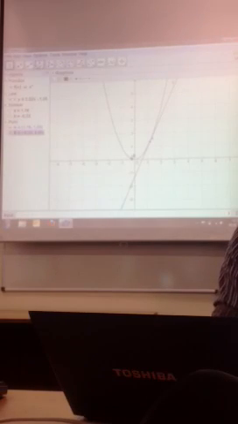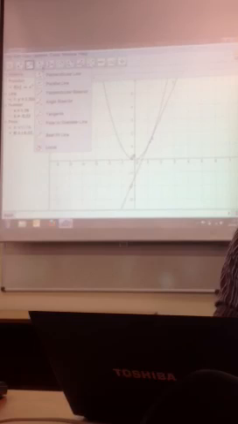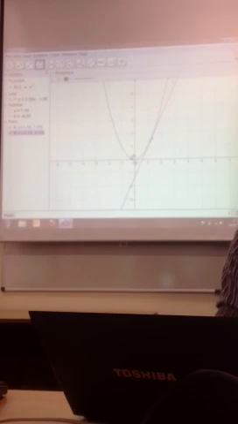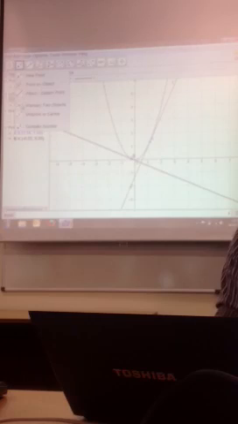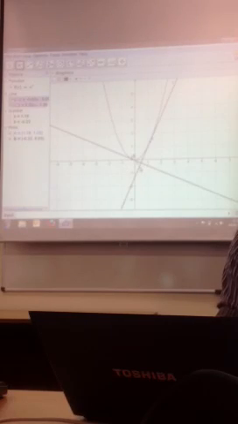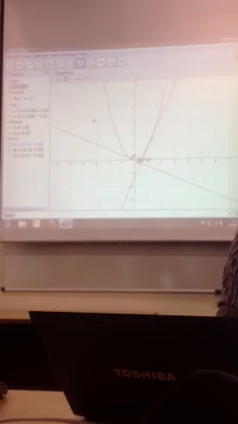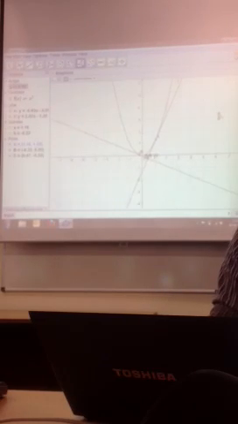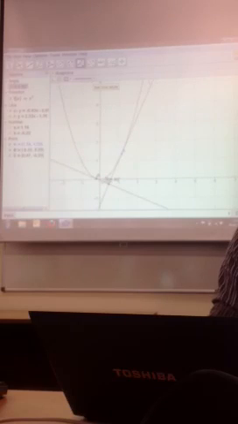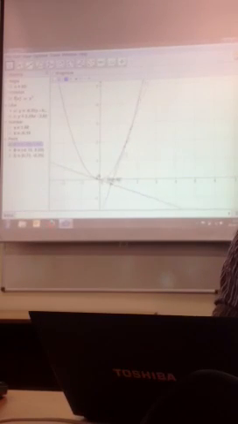And fingers crossed, I can do my tangent to my curve at my point, and I should find, let's add on a point of intersection and measure the angle. And there it is. Wherever I move this, they stay perpendicular.